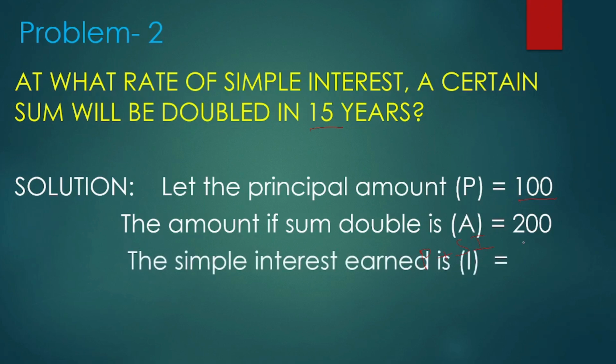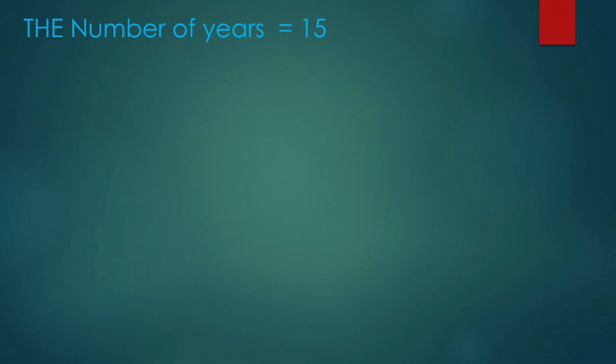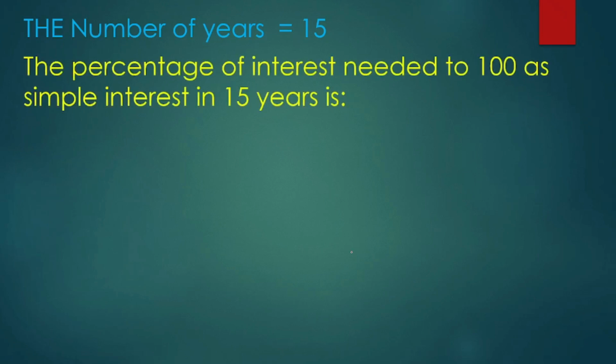So the interest earned here is 200 minus 100, that is 100 rupees. Here the number of years is 15 and we have to earn 100 rupees as interest in 15 years.